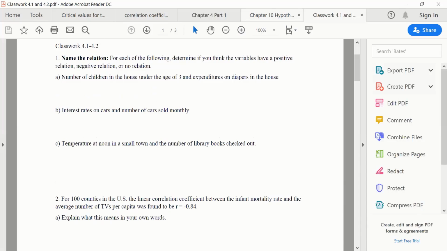So the first one is asking about the number of children in the house under the age of 3 and the expenditures on diapers in the house. Do you think that there is a positive correlation, a negative correlation, or no correlation? To remind you, a positive correlation means as one variable goes up, the other variable goes up.